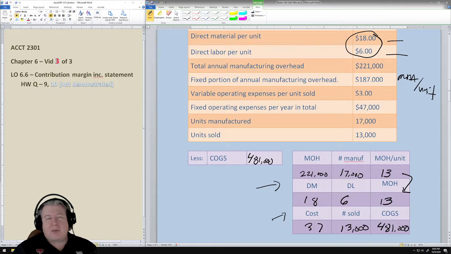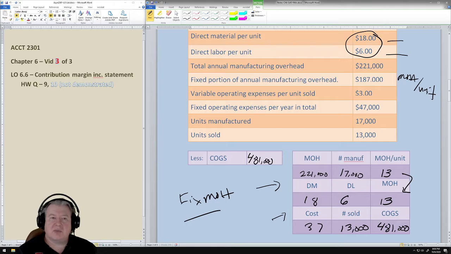What's going to end up happening is there's going to be a difference between the absorption costing income statement and the variable costing income statement. And I initially said it was because of where does fixed MOH go? But there's also going to be a difference based upon calculation. Just pay attention to the points where we're concerned with the number manufactured versus the number sold.